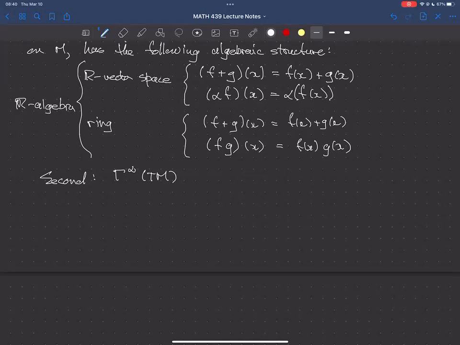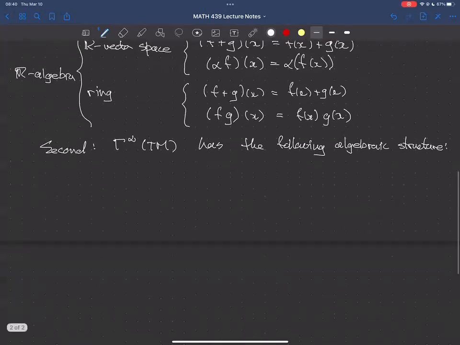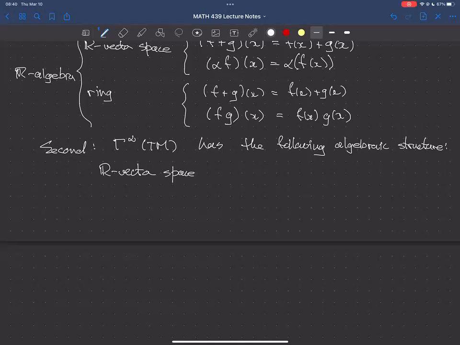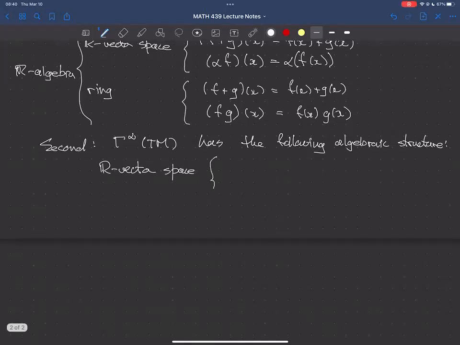So it has the following algebraic structure. First, like the space of functions, it has a vector space structure, and that is given in a fairly obvious way.